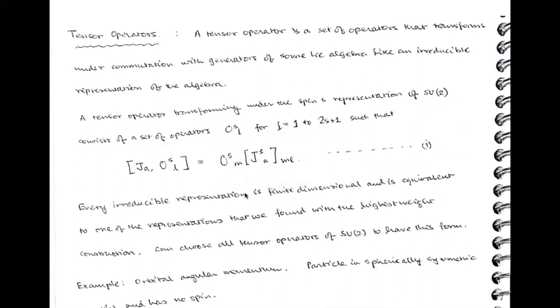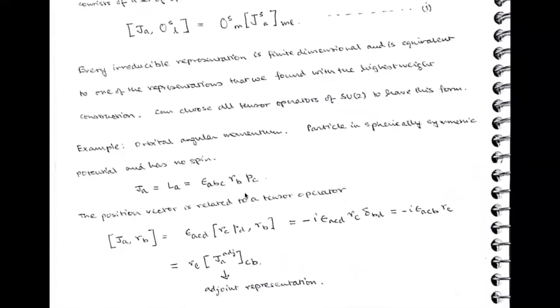Also remember that the adjoint representation would mean this. The number that you get is equal to 3, right? So this is a 3 cross 3, three-dimensional representation.